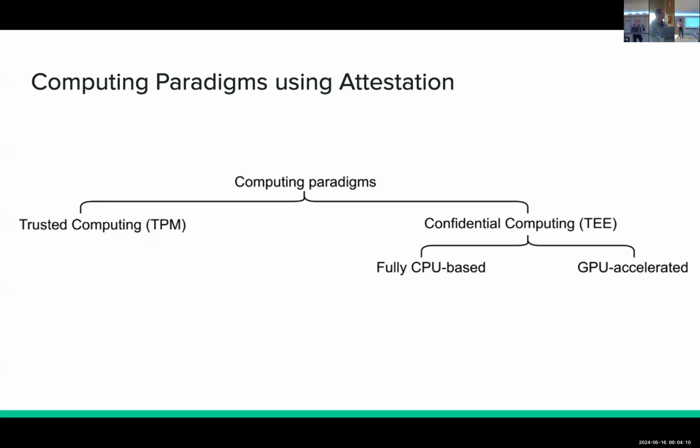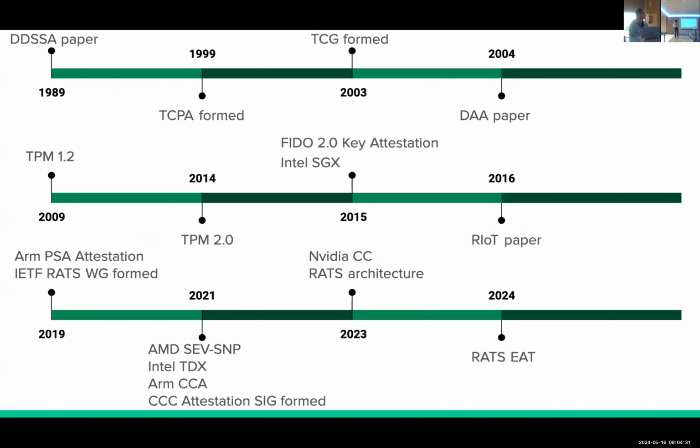And it can be of two types. Both of them have attestation as a key component, whether it's done fully on the CPU, or you have a GPU for acceleration. In that case, between them you also need attestation, like a composite attester as in the RATS architecture. But we will come to that. Next, please.